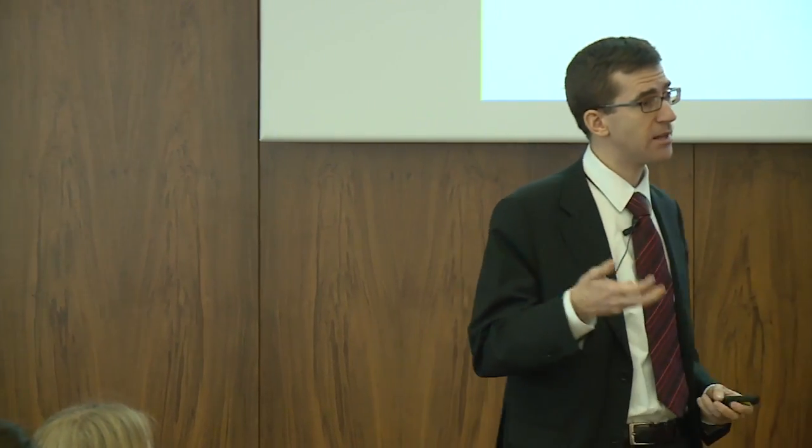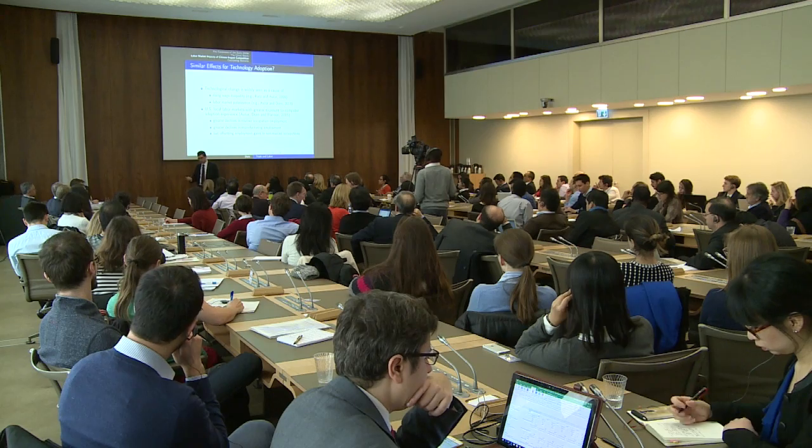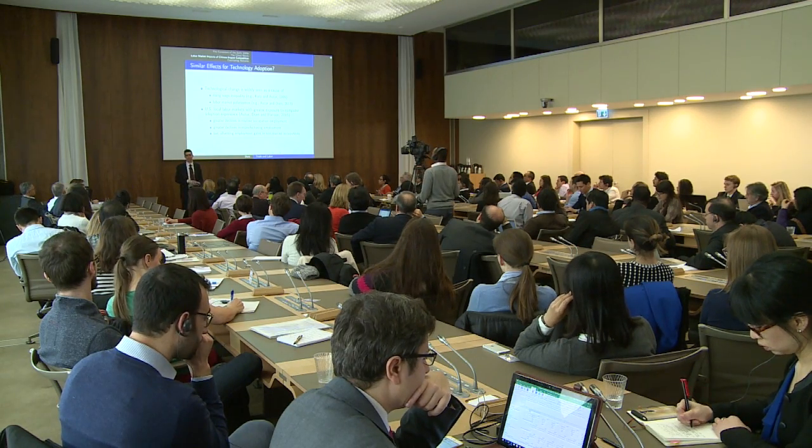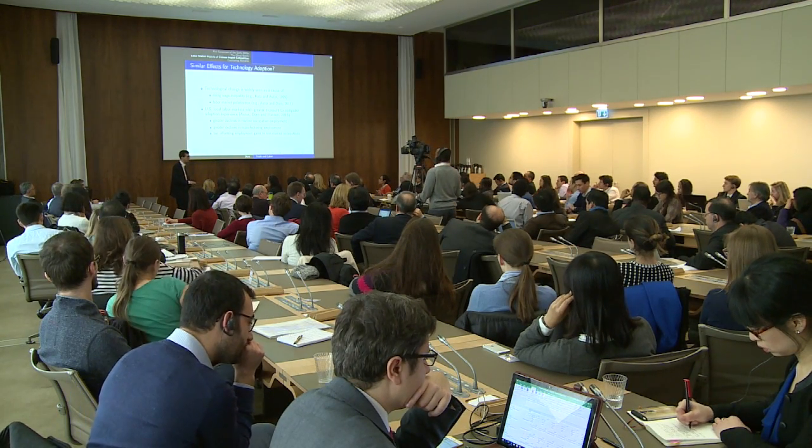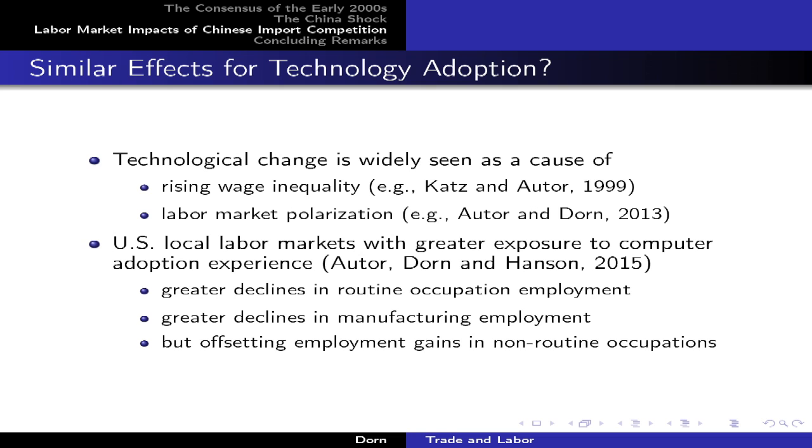And I think that that assessment probably still stands correct if one thinks back to earlier periods, such as the 1980s. In principle, technology has the potential to trigger similar events as international trade and import competition.